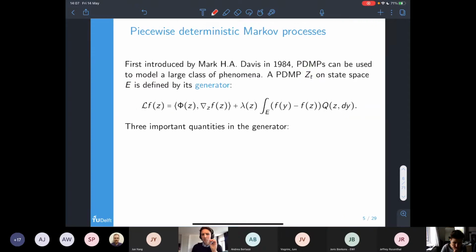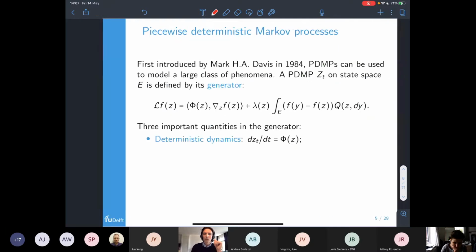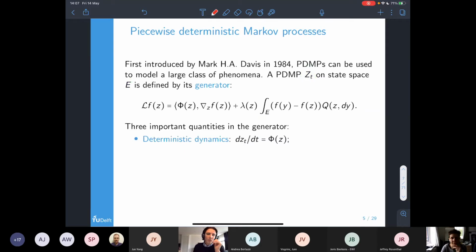There are three important quantities in the generator of a PDMP, and we will see what they mean. First, the deterministic dynamics, described by this vector field capital Phi. The meaning is that we will move with velocity Phi of z locally, for a small time step.